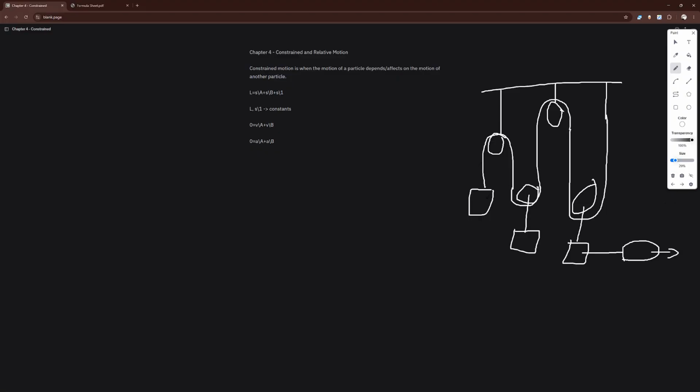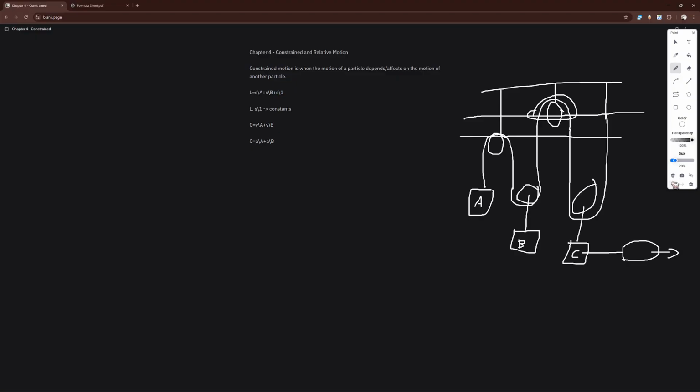You're going to want to label things as well if it isn't already labeled. So this is block A, block B, block C. And then you want to look at your strings and a datum. As you can see, you have 2 fixed pulleys to the roof. This pulley is not fixed to the roof. So in terms of the datum, you could set it up here, but that just leaves you with this constant length of rope, and this distance of rope as well is constant.